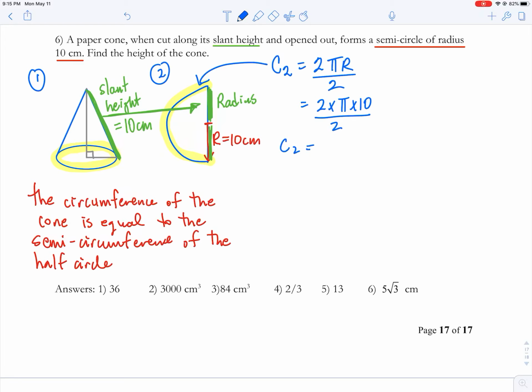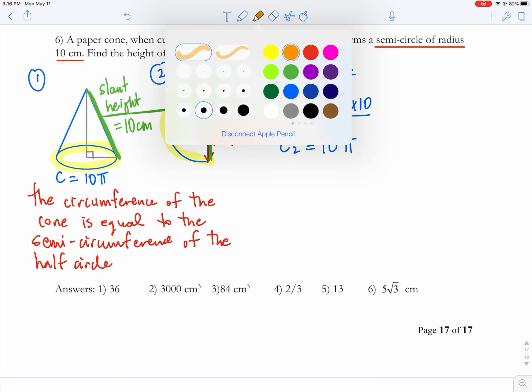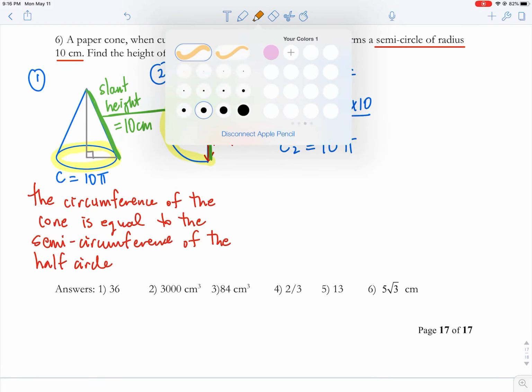So I get that C2 is equal to 10 times pi. I'm keeping all the pi's because eventually they cancel out. That semi-circumference of the semicircle means that the circumference of this one is also equal to 10 pi. I'm going to highlight that in pink.